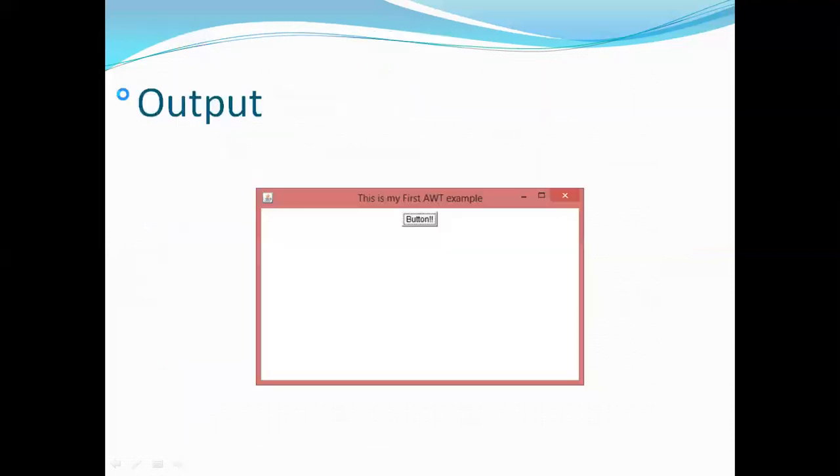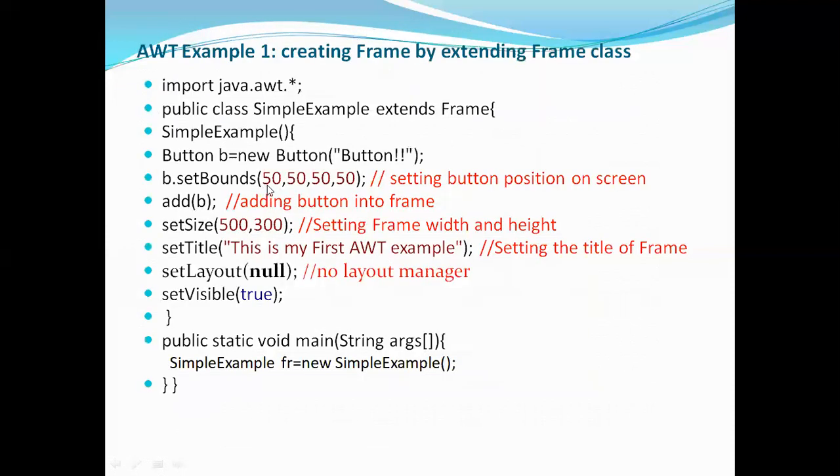So you are representing its x-axis position, y-axis position, its width and height, means width of the button and height of the button, and where exactly you have to place it based on the x-axis and y-axis values. So these four values are used for setting the bounds of a button. So I'm writing b.setBounds. So for the button you are setting the bounds.